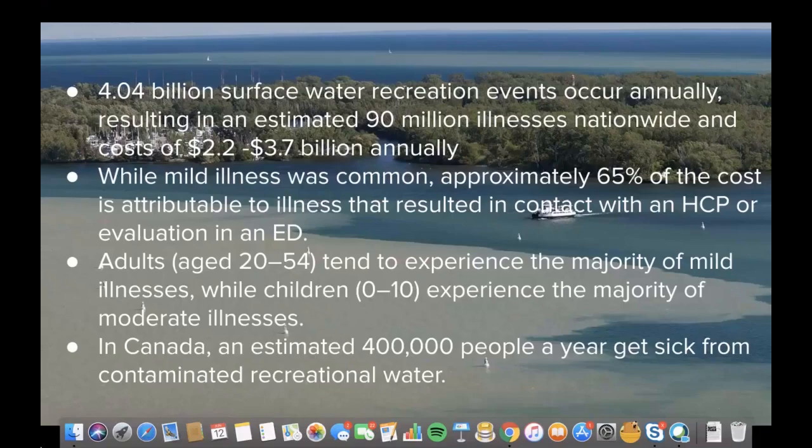In Canada, we have less information about this, but it's about 400,000 people a year getting sick from contaminated recreational waters. So this data, we have 3 million users on SwimGuide. People are going swimming and they're looking for this information. So the better we can do at providing it to them, the more of a service it will be.